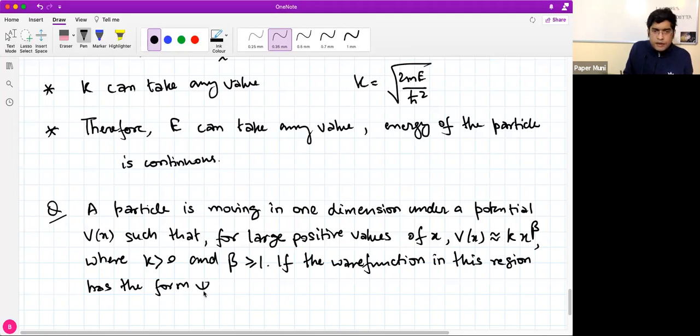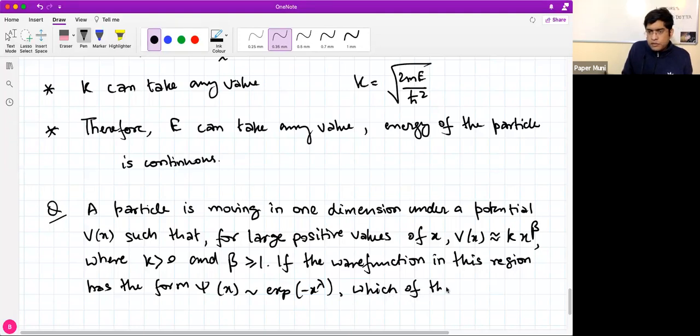psi(x), which is proportional to an exponential function of x to the power lambda. Now the question is, which of the following statements is true?